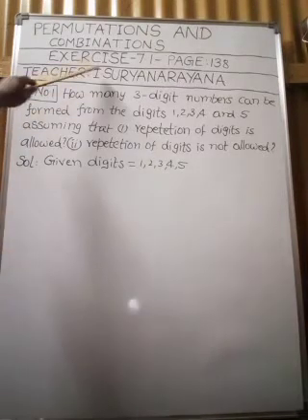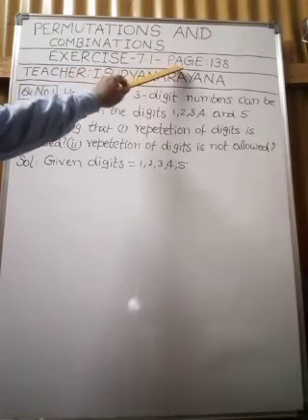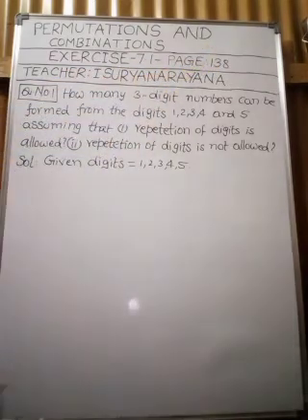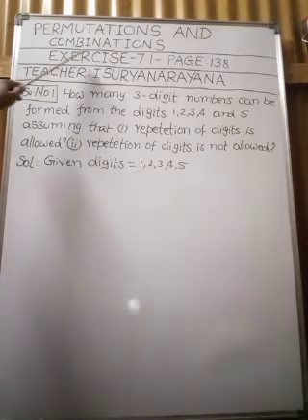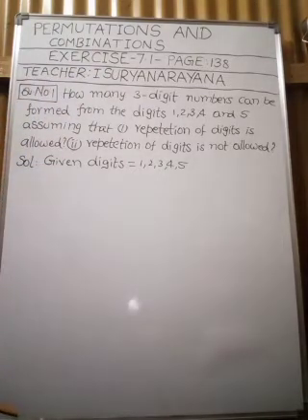Now come to the exercise 7.1 sums, page number 138. The concept of exercise 7.1 was completed. Only one concept, that is the fundamental principle of counting. Okay, my dear children. Go through the textbook once. Whatever is given in the notes in the textbook before exercise 7.1, go through it, and go through the examples also, then you can understand the concept of the fundamental principle of counting well.